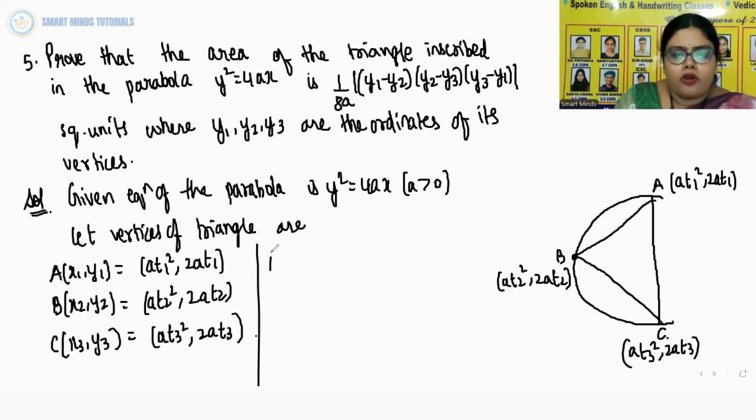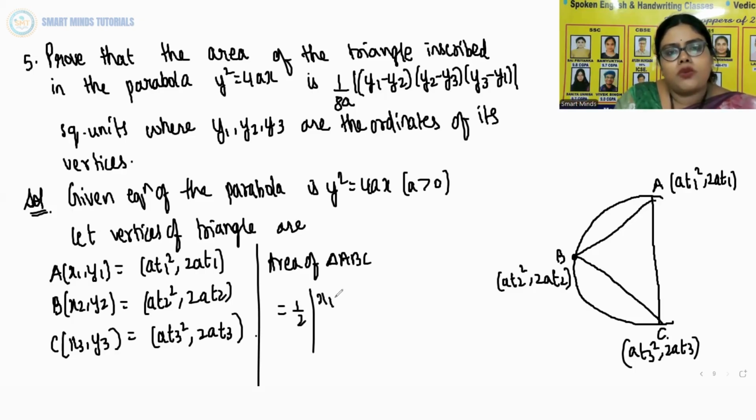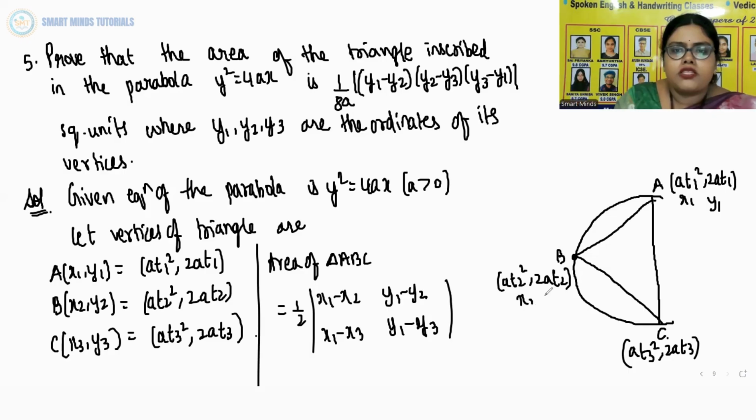Now we have a formula for the area of a triangle. Area of triangle is half mod x1 minus x2, y1 minus y2, x1 minus x3, y1 minus y3. Now we take these 3 points as (x1, y1), (x2, y2) and (x3, y3), and then we substitute.